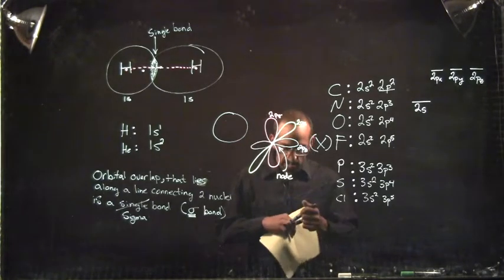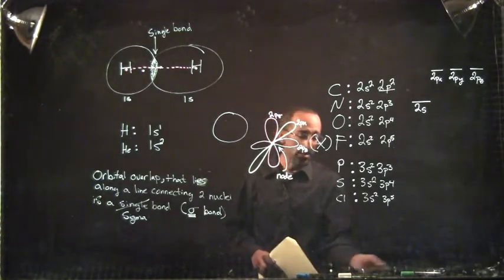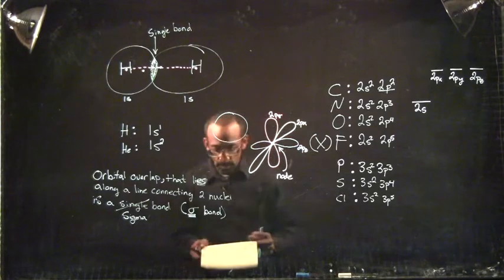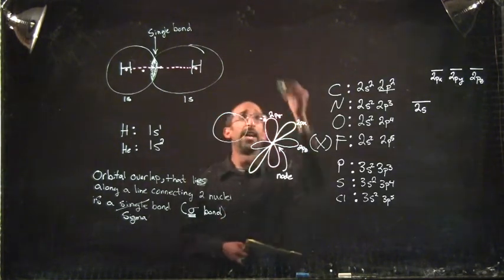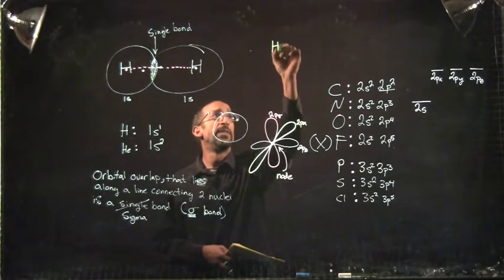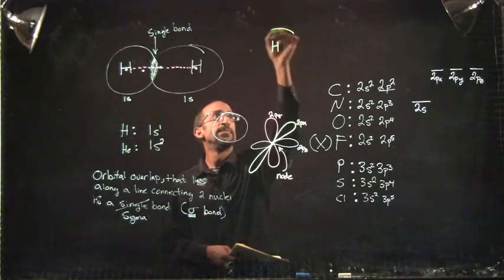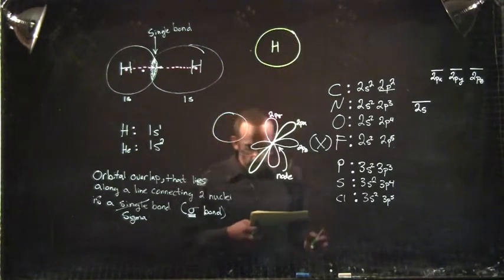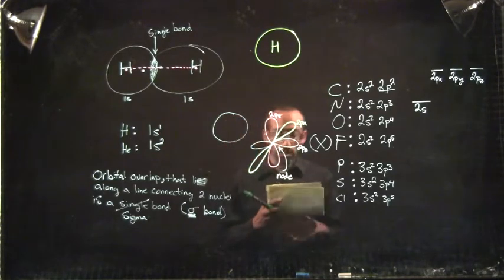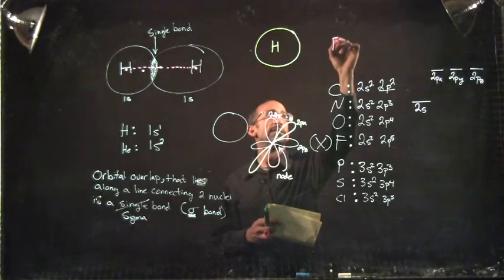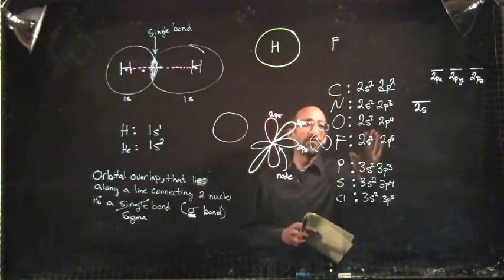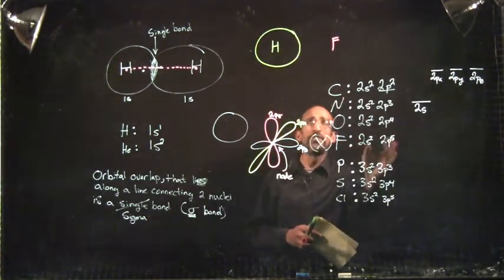If we take now, instead of hydrogen and hydrogen, a hydrogen atom bonded to a fluorine atom, here we'll put a hydrogen with its 1s orbital. We'll put in a fluorine. We're going to keep in mind that fluorine is 2s2, 2p5.